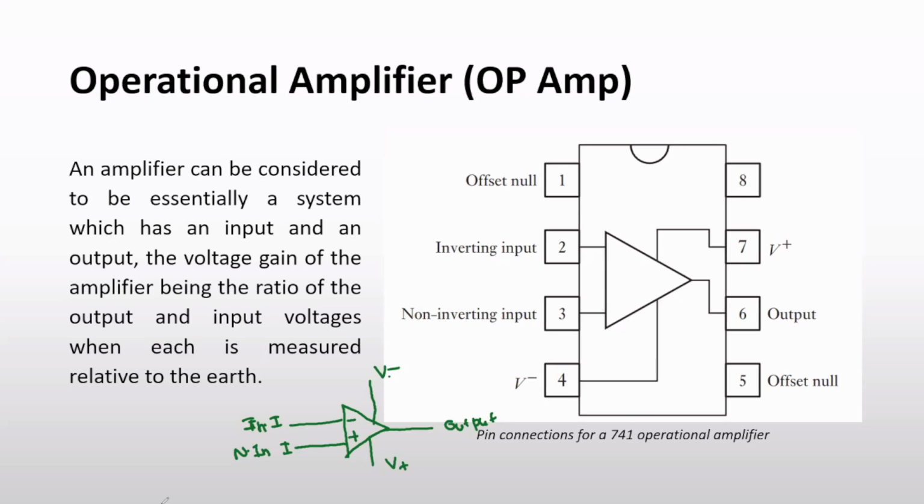So these are the pins that we can see in an operational amplifier. Actually, when you are using an operational amplifier in your calculation or problem, you only need these 5 pins.